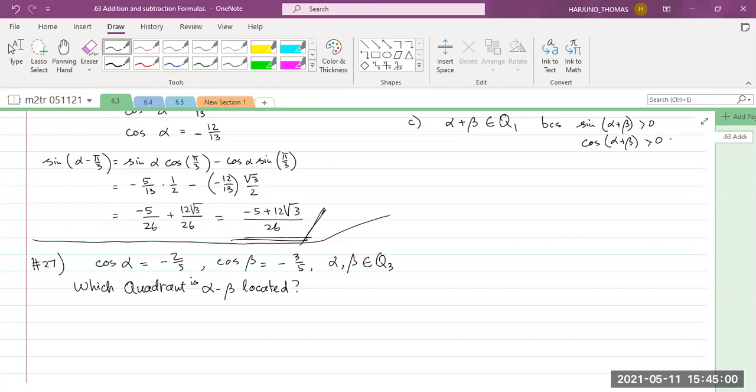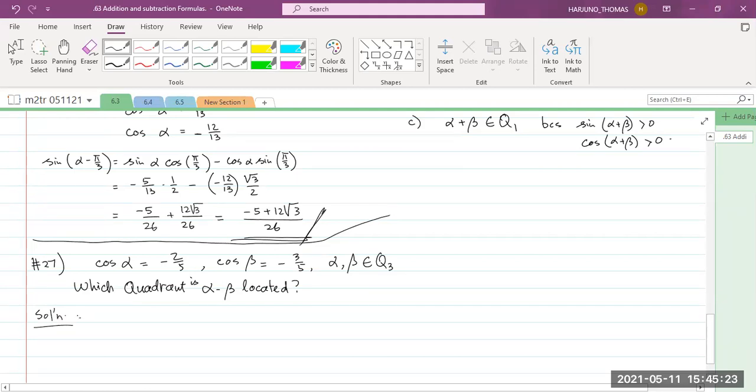The correct way to do it is to see how sine and cosine, or tangent instead, behave, like the plus or minus of this alpha minus beta.